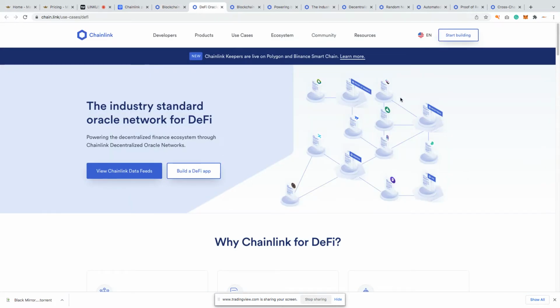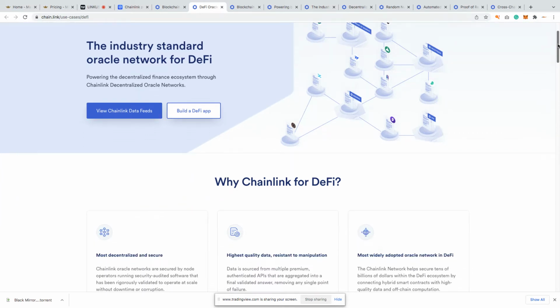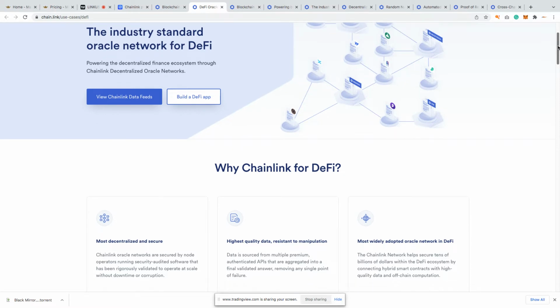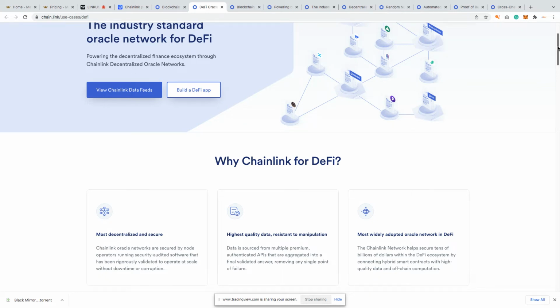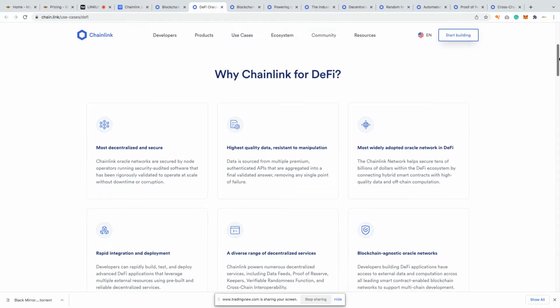Now, there are some use cases and some products they offer, and one of those products helps in empowering the decentralized finance ecosystem, which is the DeFi ecosystem, through the Chainlink decentralized oracle network. So with the oracle network, Chainlink has integrated into the DeFi community and is currently helping them to power their network to make it easy.